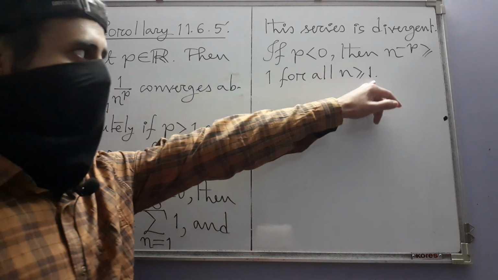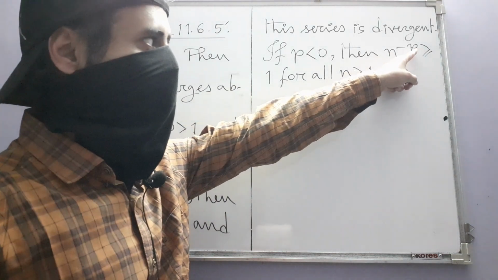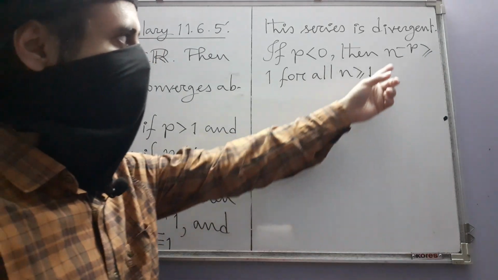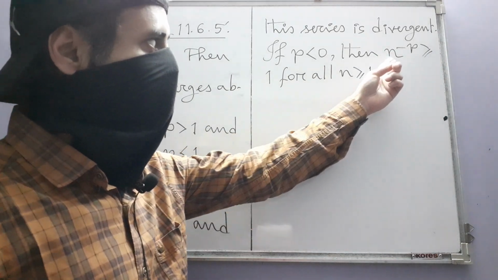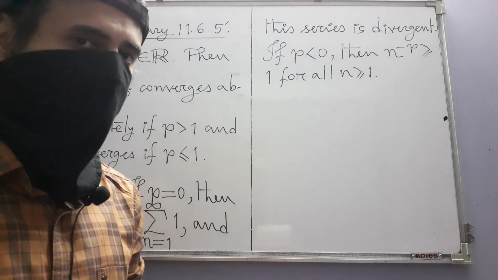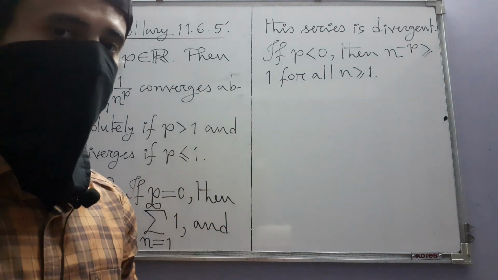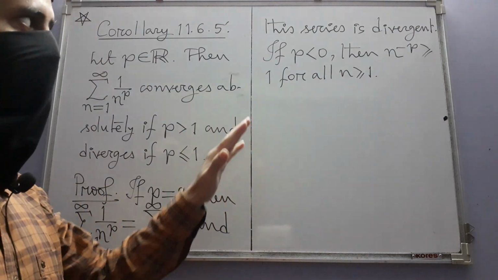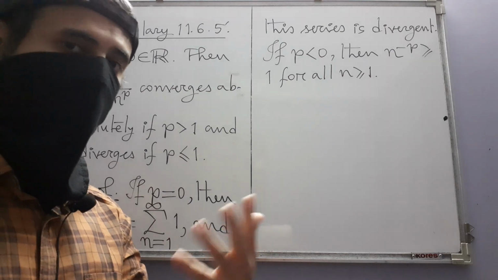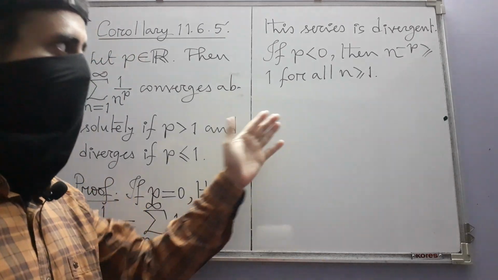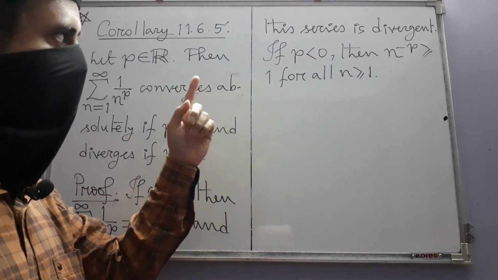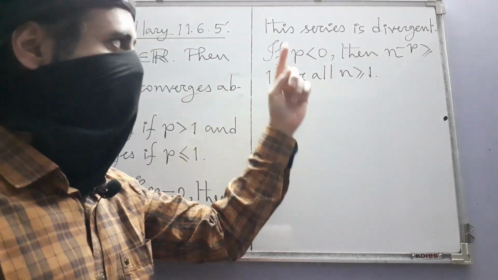For example, if p is minus 2, then this statement is n squared is greater than or equal to 1. That's true. Because n is greater than or equal to 1, p being negative need not be an integer. It can even be minus root 2. But you can see from the rules of inequality that this inequality holds.